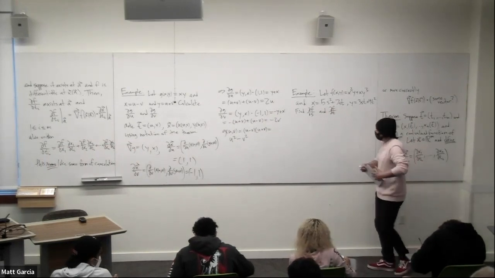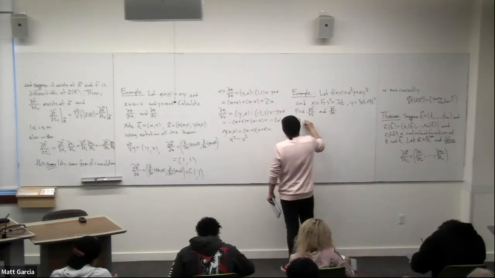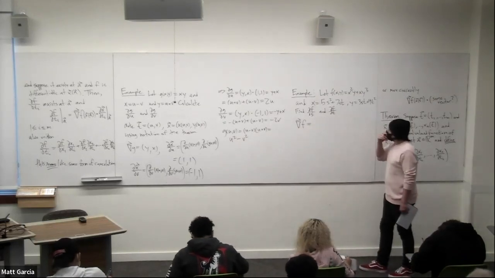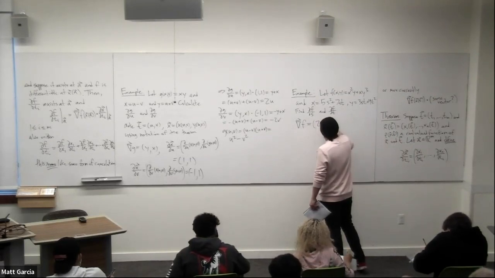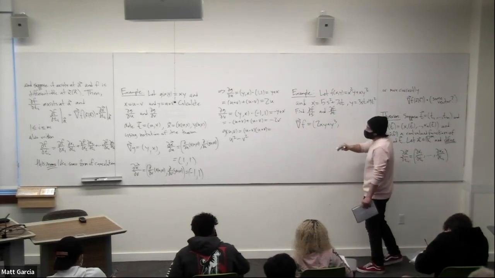Sure, let's calculate the gradient of f. What do we get for the gradient of f? 2xy plus y cubed. That looks good to me for the partial derivative with respect to x.